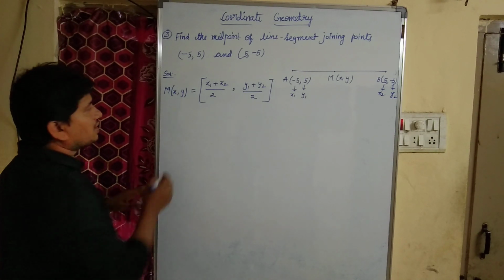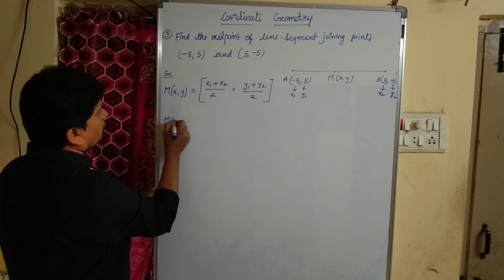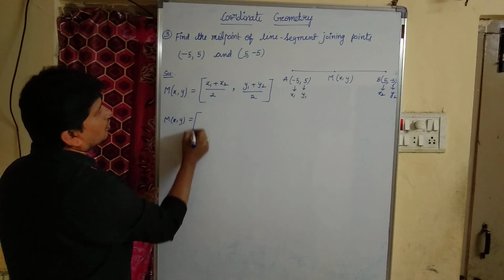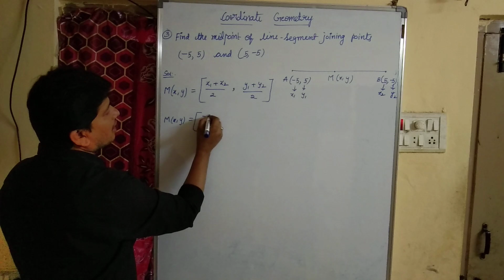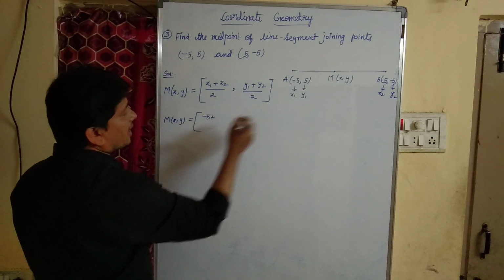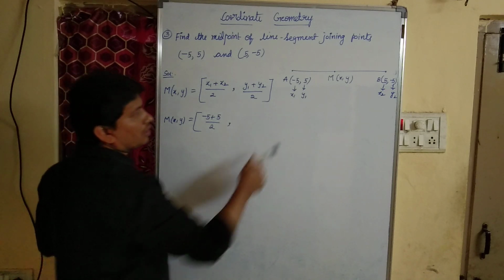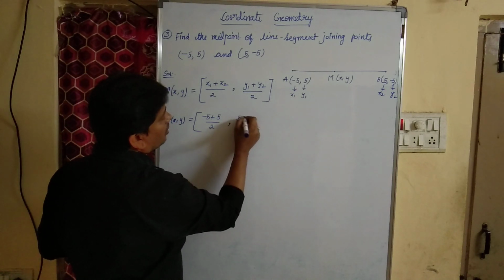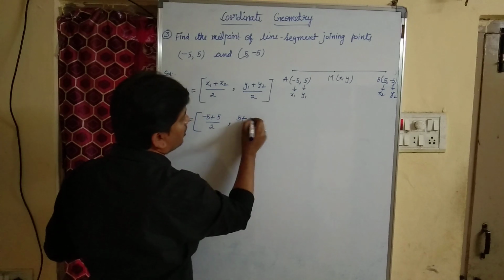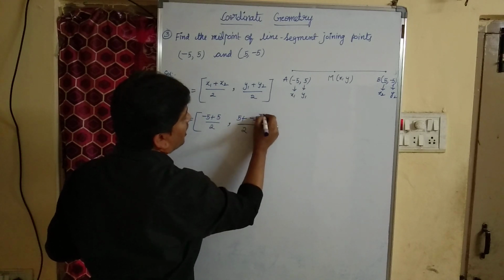Right? So what is x1? M of x comma y equal to, as our x1 value is minus 5 plus x2 value is plus 5 divided by 2 comma y1 value is 5 plus y2 value is minus 5 divided by 2.